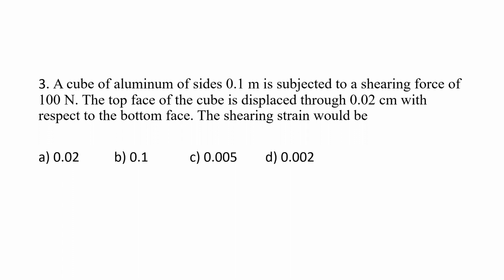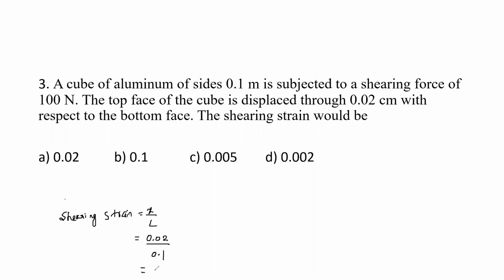The shearing strain would be... so we need to calculate the strain here. As we know, shearing strain is equal to x divided by L. So x is 0.02, divided by L, and the length is 0.1.